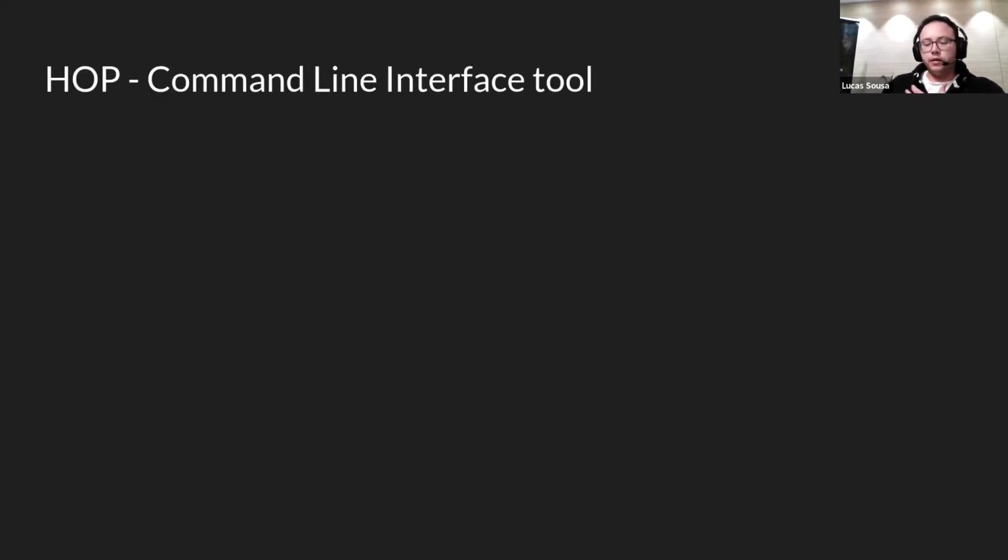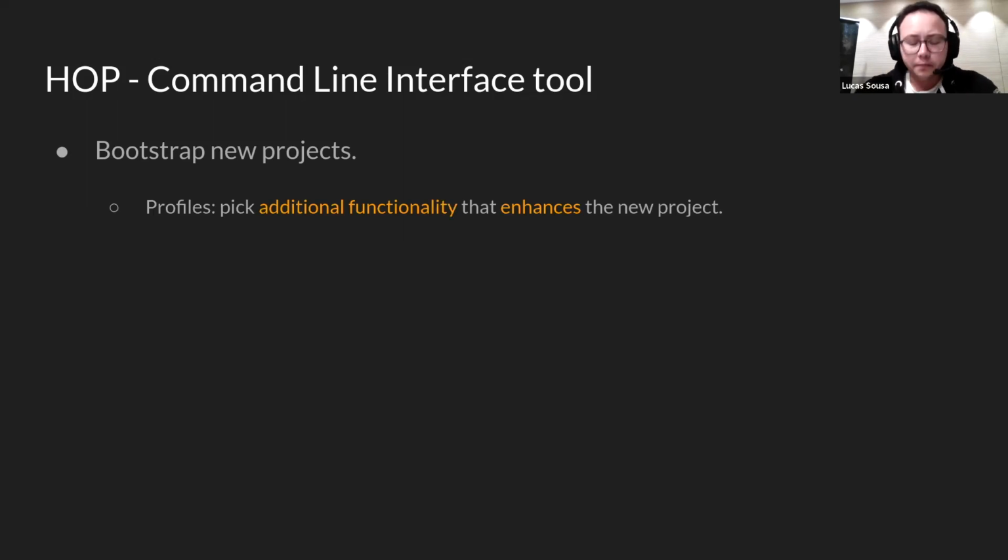And the main objective of this CLI tool, apart from other things, is to bootstrap new projects. And to bootstrap new projects, you need some set of configuration, you need to configure things, right? And the CLI provides two sets of configurations that you have to configure mainly, which are first the profiles that I mentioned.